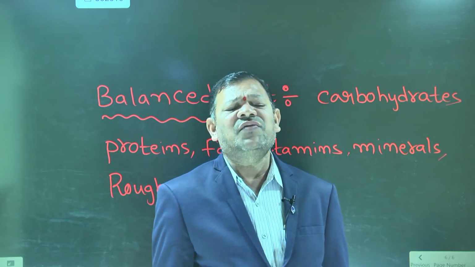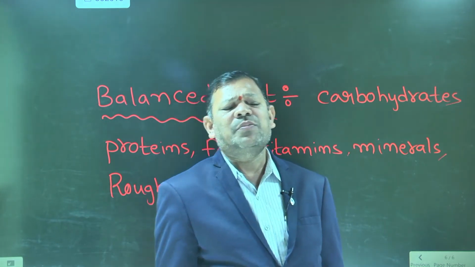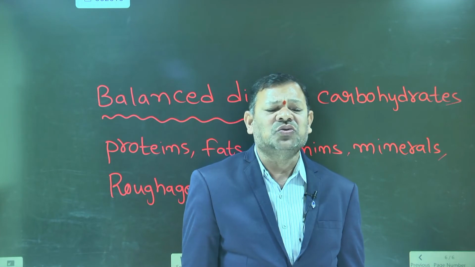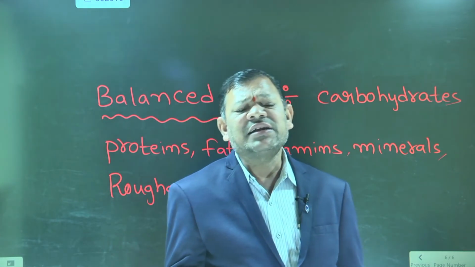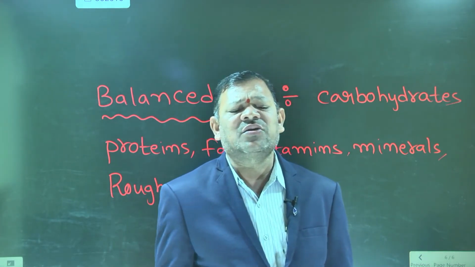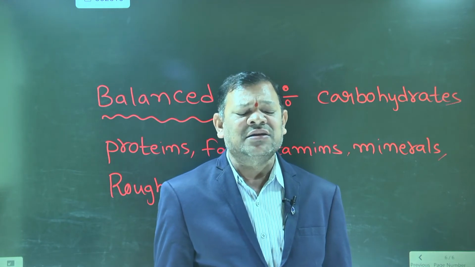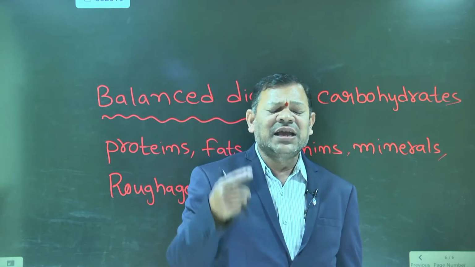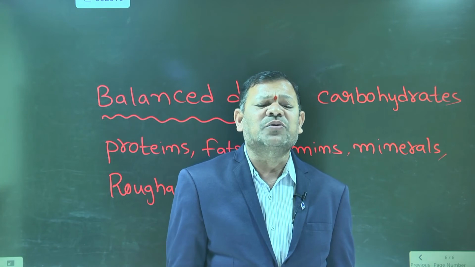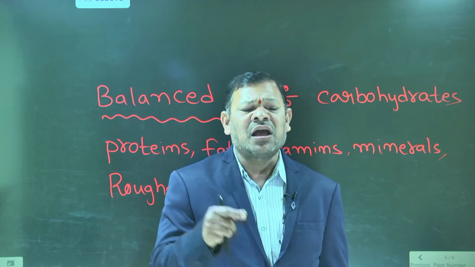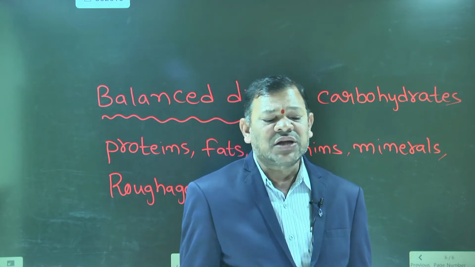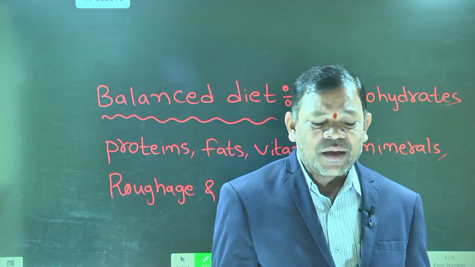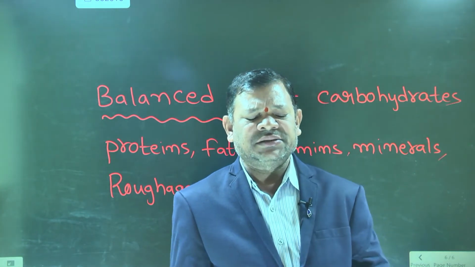For example, if you lack protein, you get kwashiorkor disease. If you lack proteins and calories, you get marasmus disease. So every day we take all the nutrients in equal proportion. That is called a balanced diet.